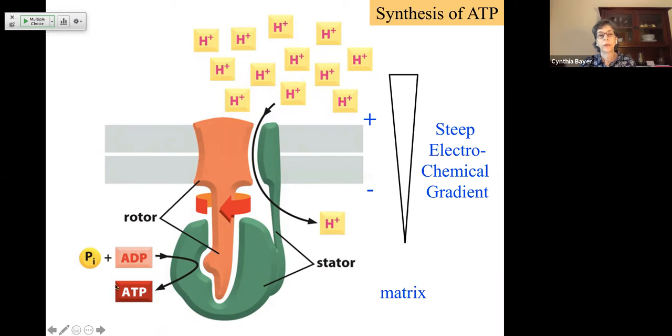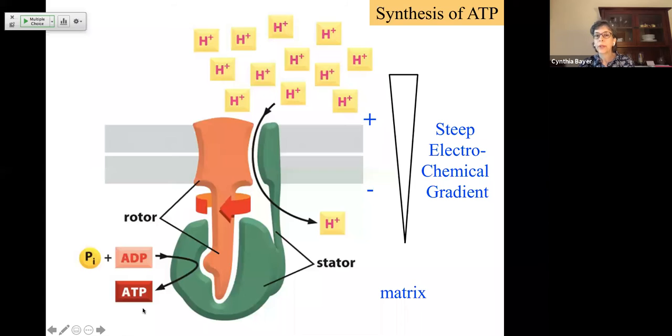This is a rotary motor. It actually is the smallest molecular rotary motor. And what we have is the chemical energy of this proton gradient converted to mechanical energy of the rotation of this motor that will drive the synthesis of ATP.